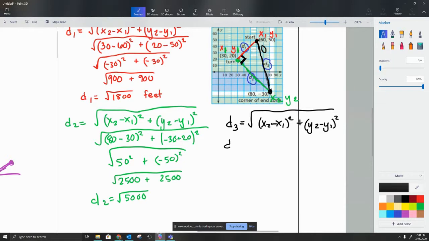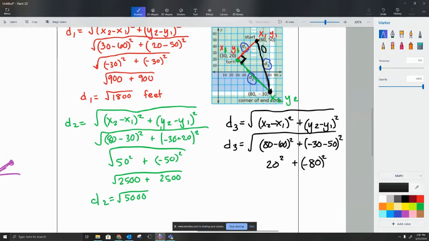Okay, so x2 is going to be 80 minus x1 is 60. And y2 is going to be negative 30 minus 50. So 80 minus 60 is 20 squared plus negative 80 squared.